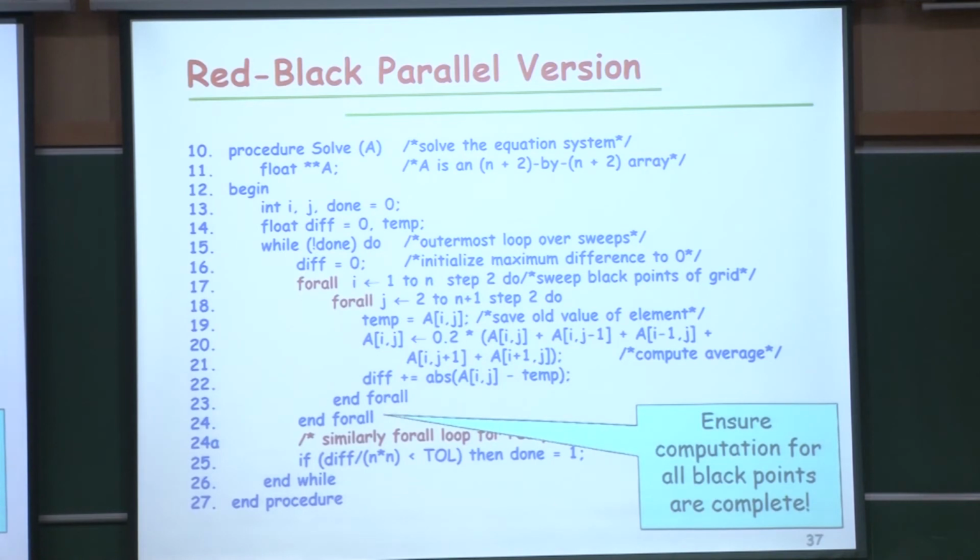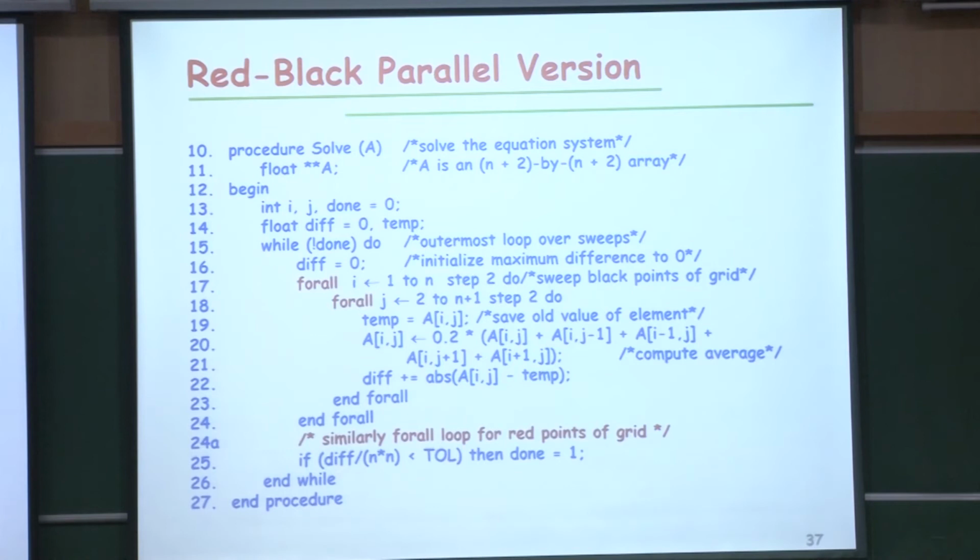Before you start the computation of your red points in this particular example, you have to ensure that all of these n squared by 2 parallel subtasks are complete. So, you have to somehow do that synchronization, because if you do not, then you may be violating more dependencies, which may not be very beneficial.